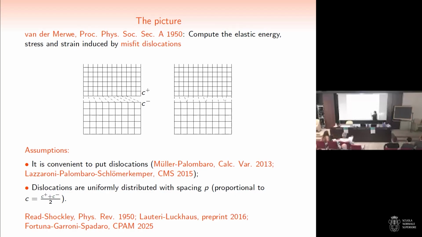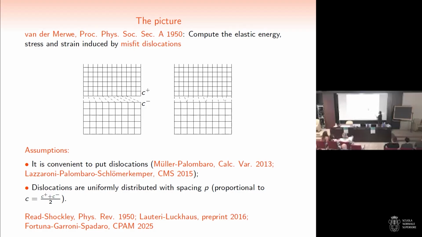As I told you, it's not convenient to have only deformation of this type, but it's convenient to have also plastic deformations. What does this mean? I have a certain number of particles on the top, 3 in this case, connected to 2 particles on the bottom. In this case, the horizontal bonds on the top try to be short, whereas the only bond on the bottom tries to be long.